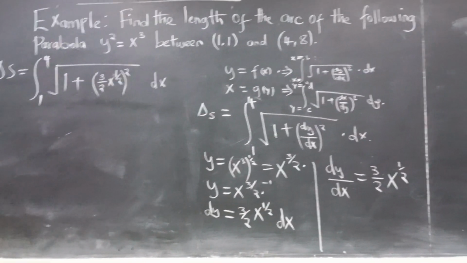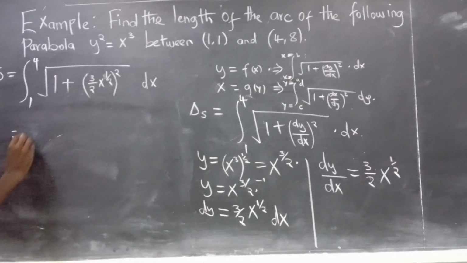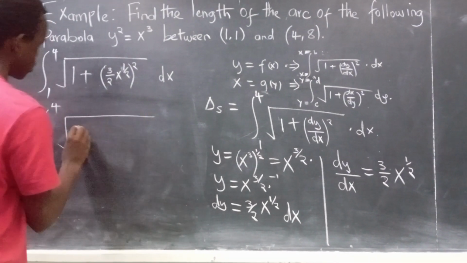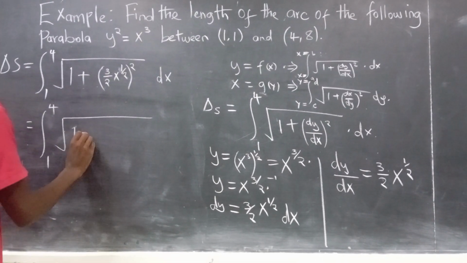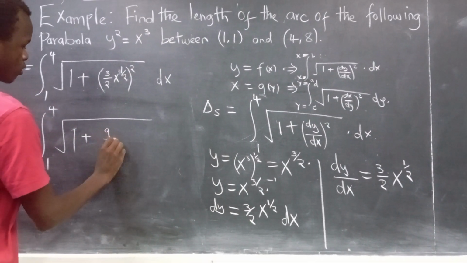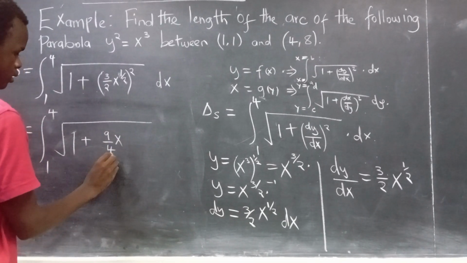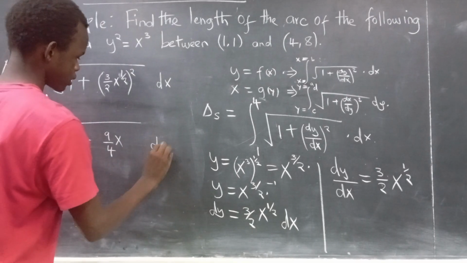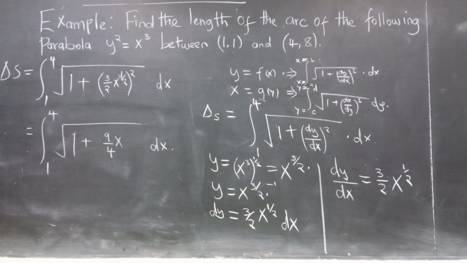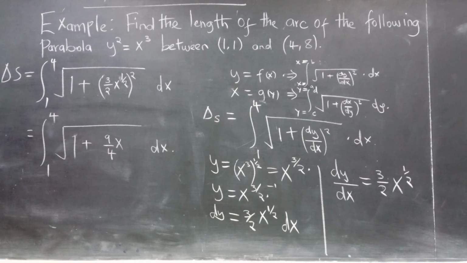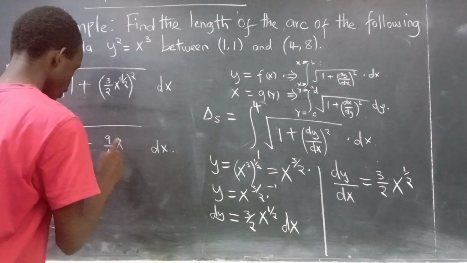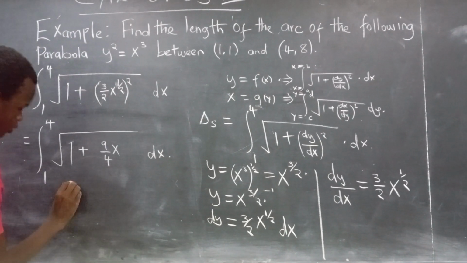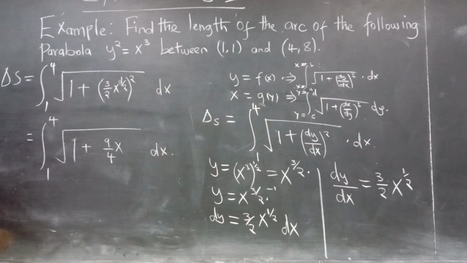So I'll be replacing 9 over 4x inside. I'll get my ds as the integral from 1 to 4 of the square root of 1 plus 9 over 4x dx. From there we'll choose our u to be the term inside the radical.